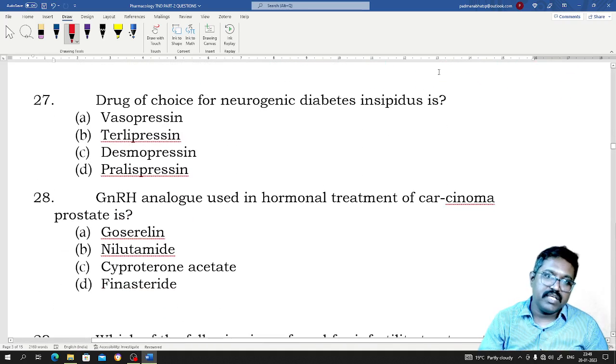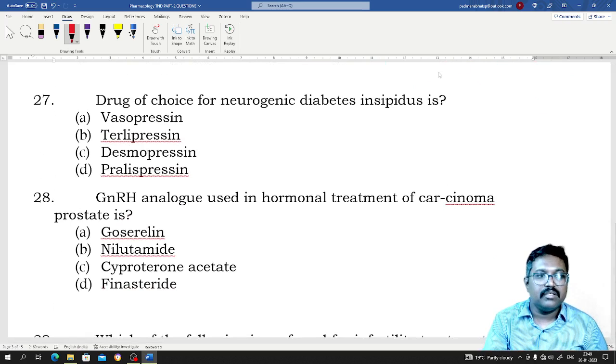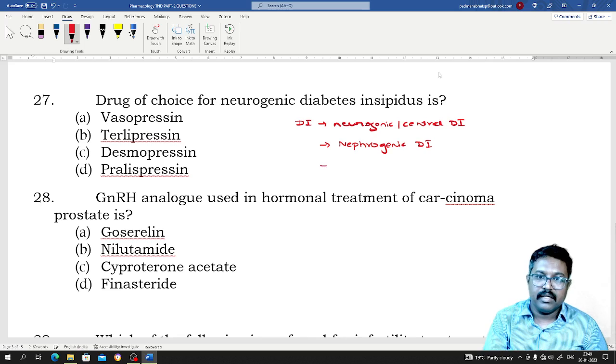Next, we have a drug of choice for neurogenic diabetes insipidus. So what will be the drug of choice here? So please remember, in case of diabetes insipidus, if it is neurogenic, or it is also called central diabetes insipidus, then you have got the nephrogenic diabetes insipidus, and you have got the lithium induced diabetes insipidus.